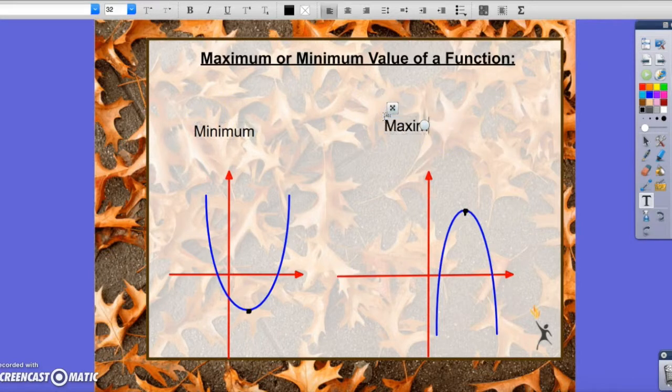This one's a maximum. And it all deals with the vertex. For the minimum here, the vertex is the lowest point on the graph. A maximum for here, vertex is highest point.